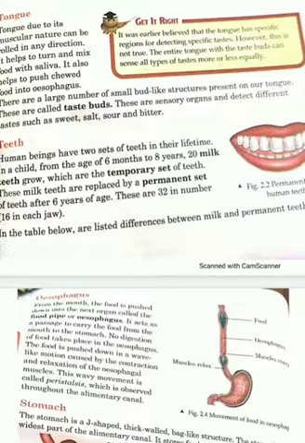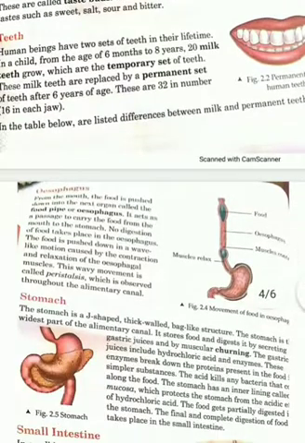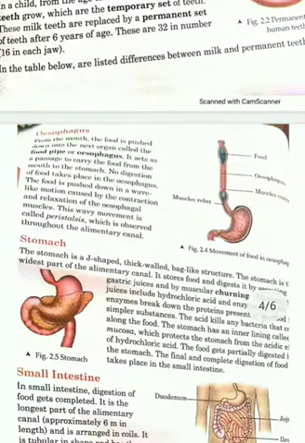Then I have told you that there are four types of teeth, and we can also categorize them in another way. By duration, at least 20 teeth are temporary teeth, and 32 teeth are permanent teeth.